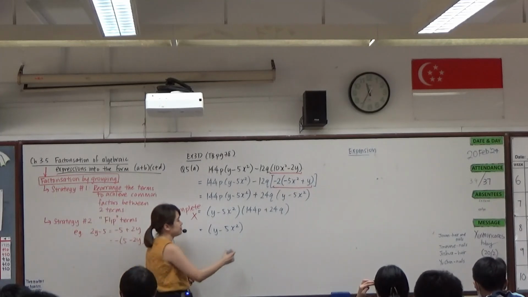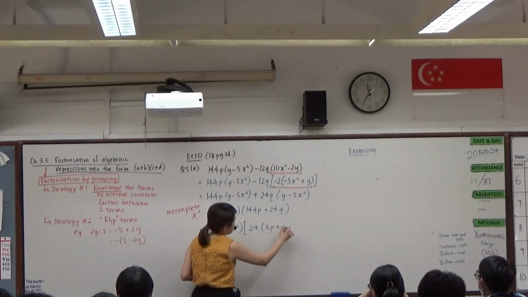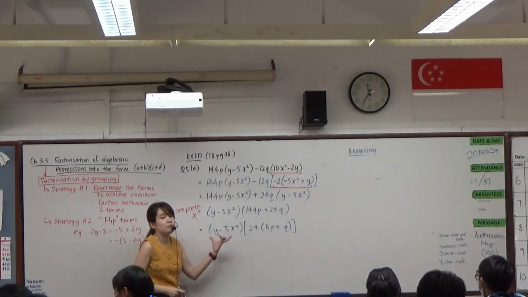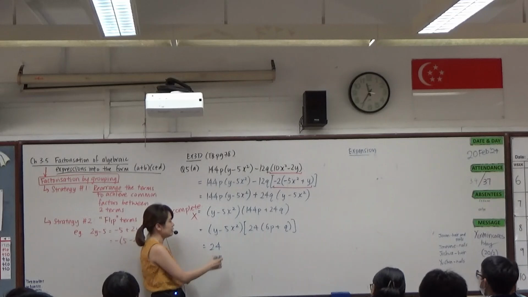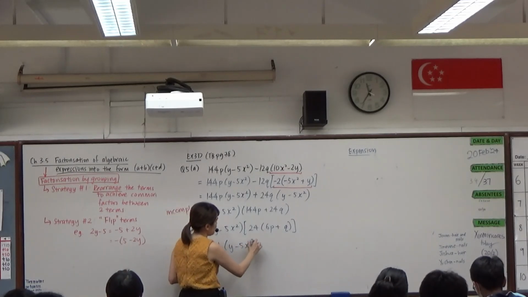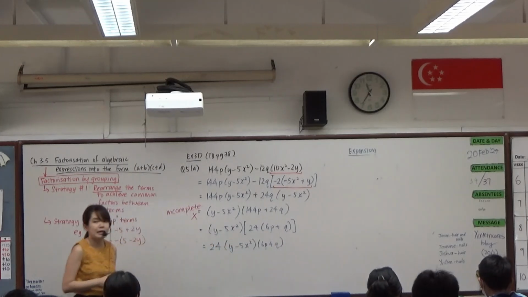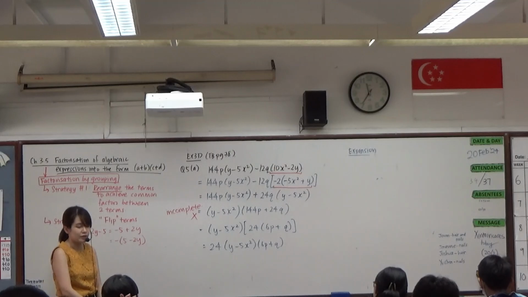I press the calculator for that, and then we get 6p plus q. So we rewrite this into 24, we usually place a number in front, minus 5x squared, and 6p plus q. So that will be the answer for you to get 3 marks for this question.